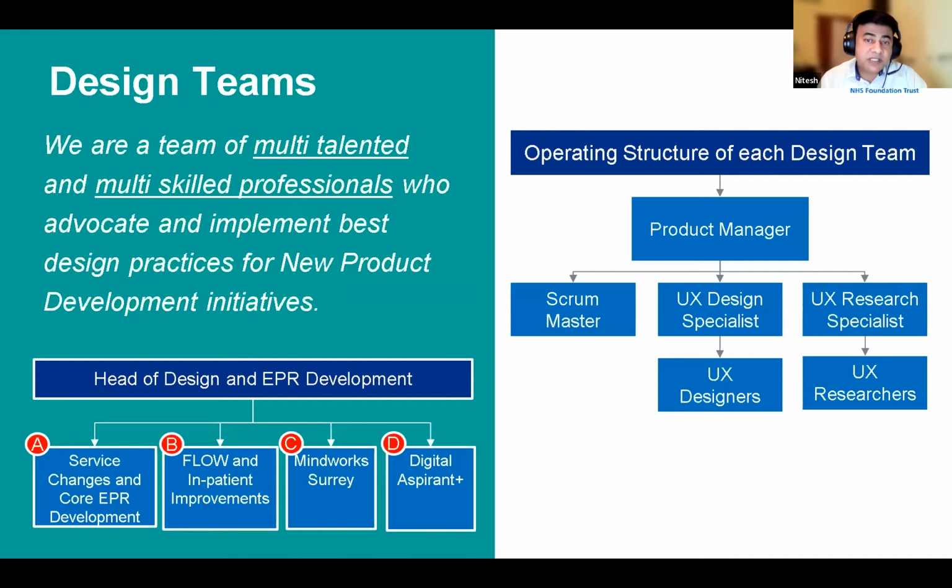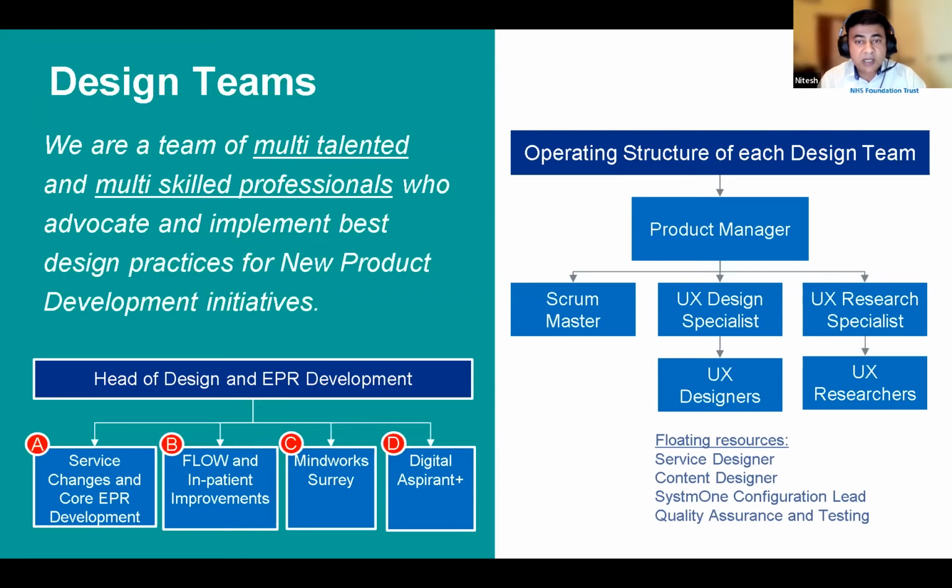The development team is made up of profiles such as UX design and research specialists who are supported by designers and researchers. Depending upon the complexity or scope of the project, we are also able to tap into additional resources such as service designers and content designers. Recently, we inducted a System 1 configuration lead to work on a huge piece of program within System 1.